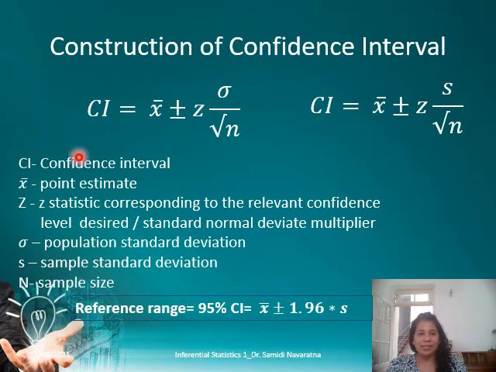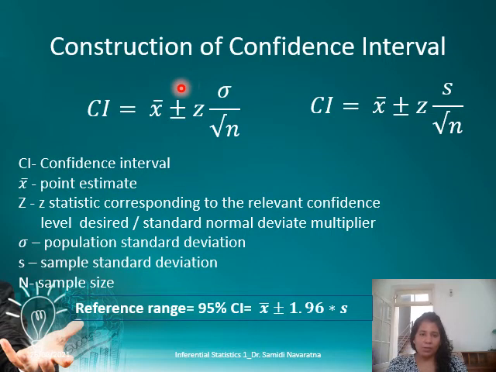So this slide gives you the formulae for construction of confidence interval. And a confidence interval is the mean of your estimate plus and minus the variation in that estimate. So if you have the population standard deviation, you can use it as we stated earlier.